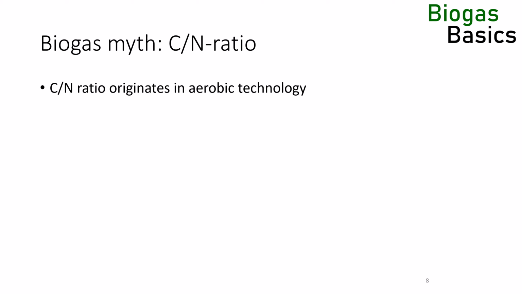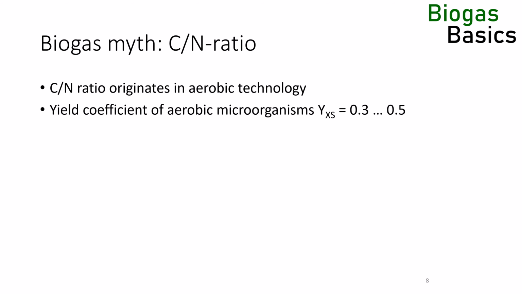In an aerobic cultivation, the yield coefficient is somewhere between 30 and 50%, meaning that 30 to 50% of the carbon in the substrate is converted to bacterial biomass. And bacterial biomass consists of roughly 10% nitrogen, so for every mole of carbon consumed, there must be a certain amount of nitrogen present, or the biomass cannot grow.